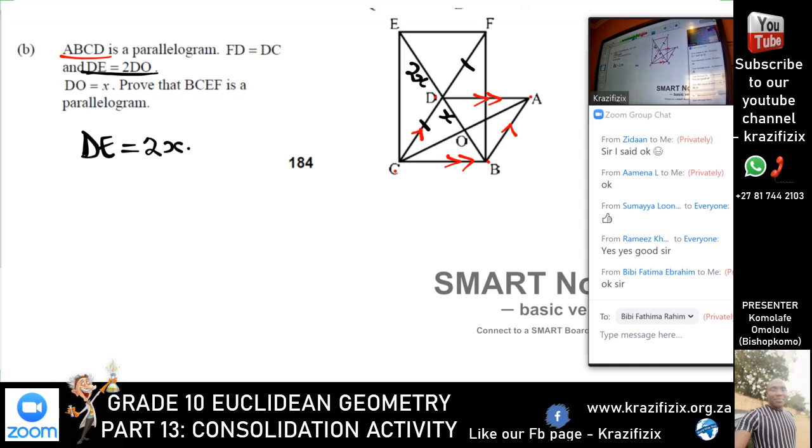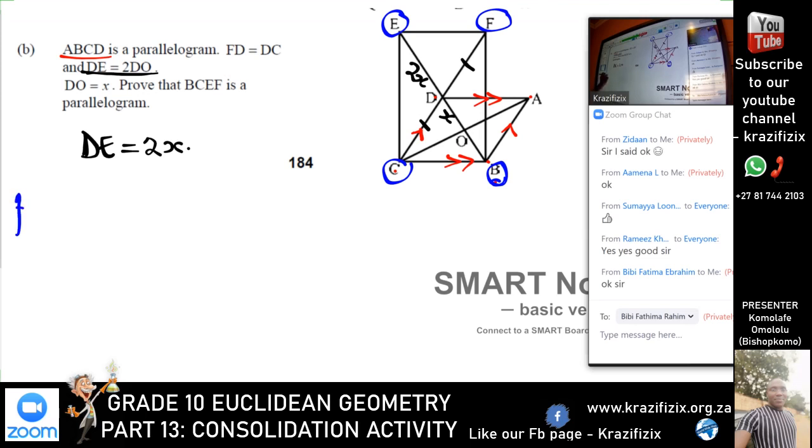Okay, beautiful stuff. Prove that BCEF, where is BCEF? That big box up there. Let me use a blue. Prove that BCEF is a parallelogram. And to prove a parallelogram, remember what we need to prove?